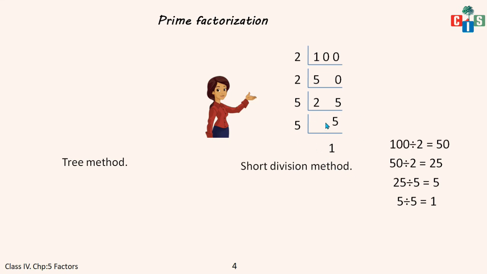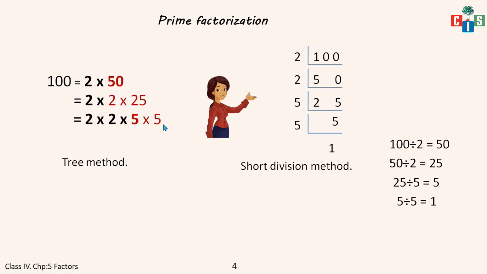Fine. Let's solve the same example by the tree method. 100 will be written as a multiplication, you have to use the tree method, you know. So with the smallest prime number, 2 times 50 will be 100. Then how do we break 50? This 2 I will write as it is and 50 I will write as 2 multiplied by 25. Then this 2 and this 2 will be as it is. 25 will be written as 5 multiplied by 5.